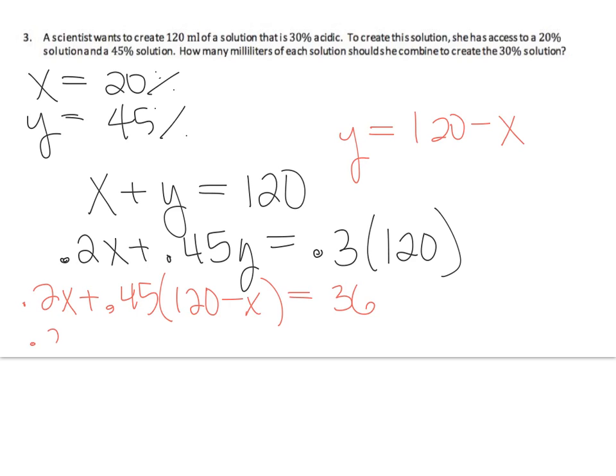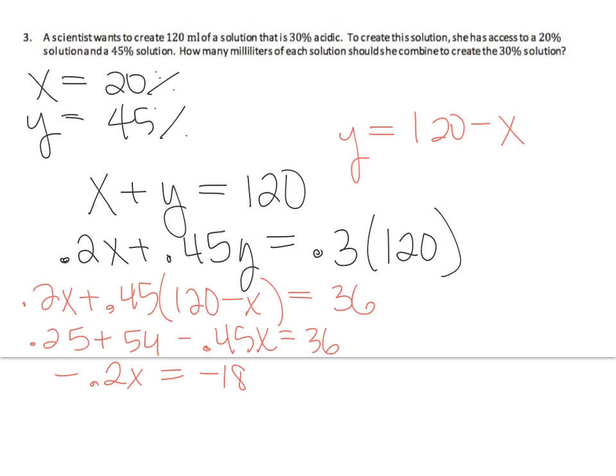I have 0.2x plus 54, I don't know why I wrote a 0, plus 54 minus 0.45x equals 36. Let's go ahead and collect like terms. 0.2 minus 0.45 is negative 0.25x. 36 minus 54 is negative 18.